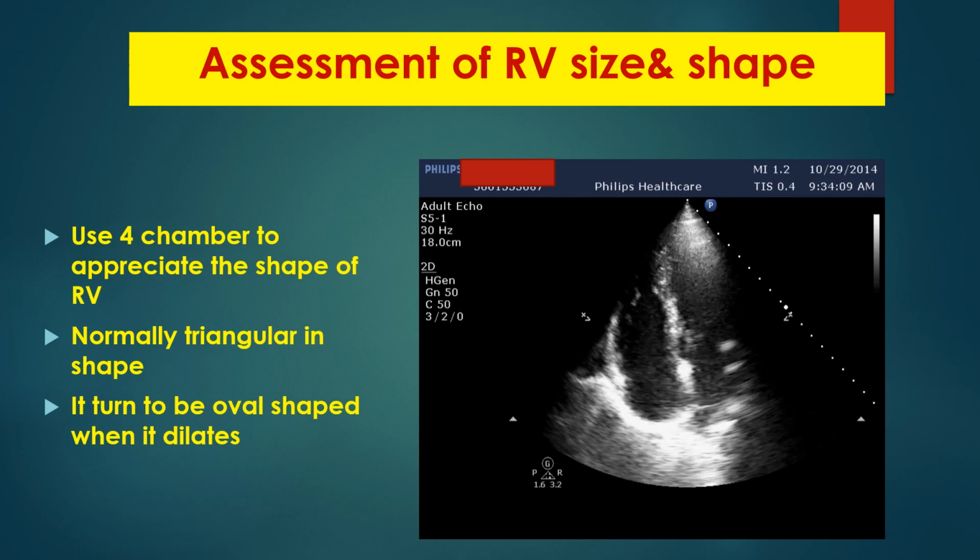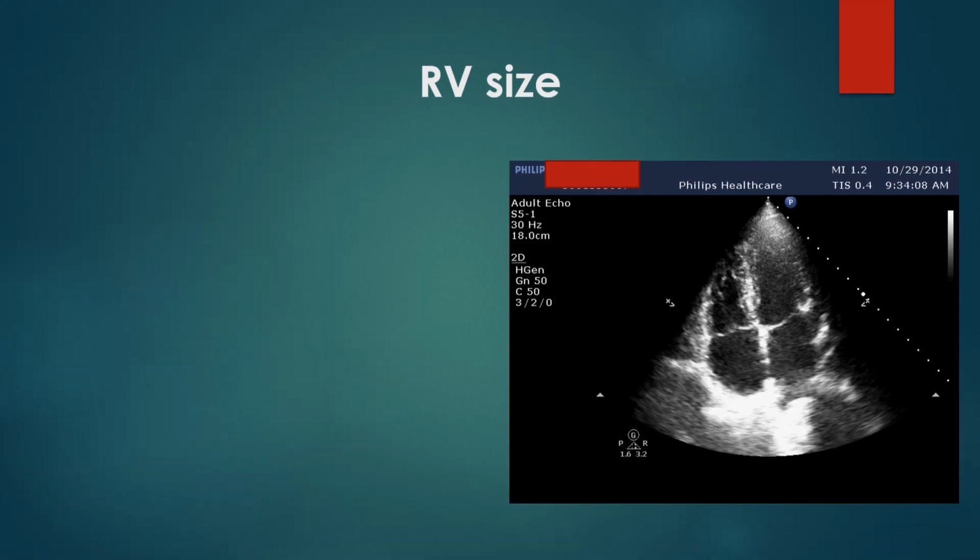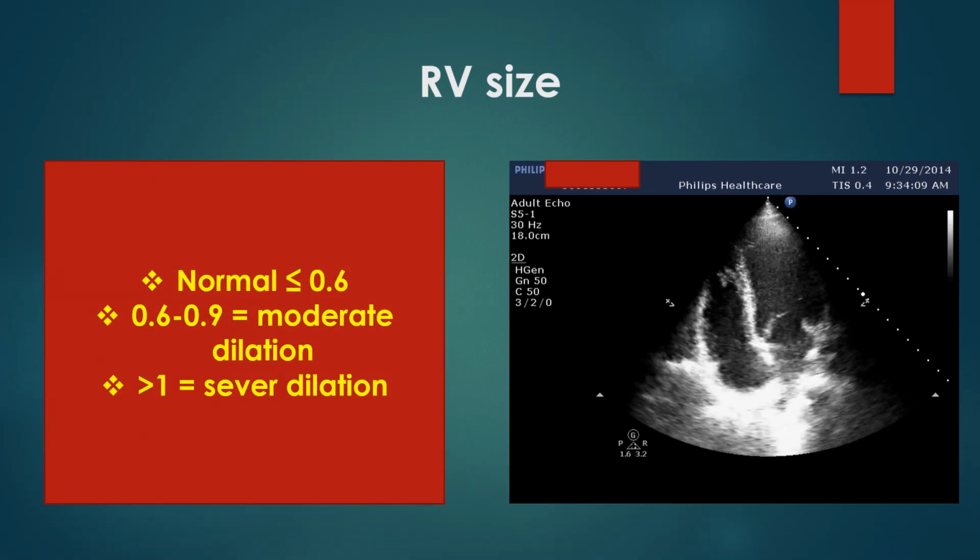Changes very significantly. So how can we assess the RV and diagnose RV dysfunction in ARDS patients? Normally, the right ventricle is smaller than 0.5 to 0.6 of the LV, and it's triangular in shape and never shares in the apex of the heart. If it loses the triangular shape, becomes dilated, and shares in the apex, it's a dilated RV.